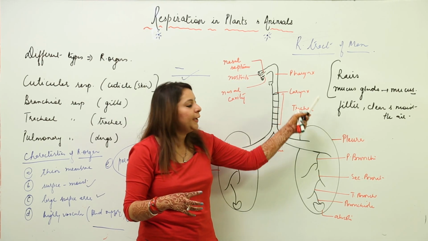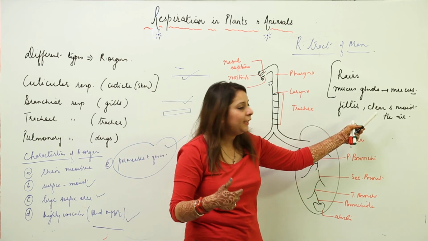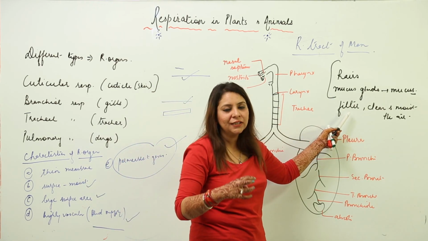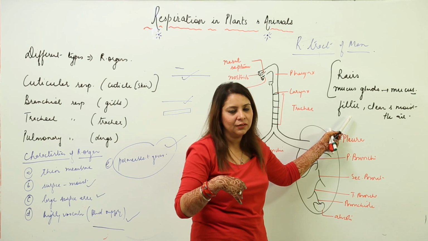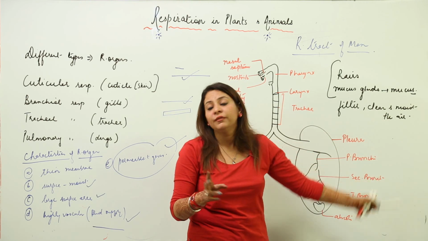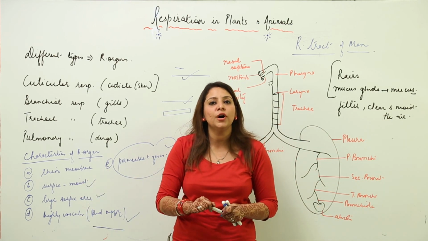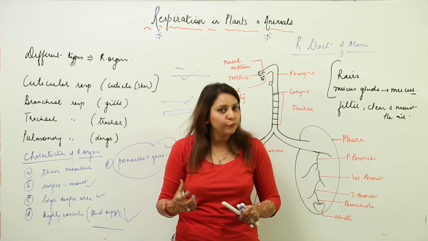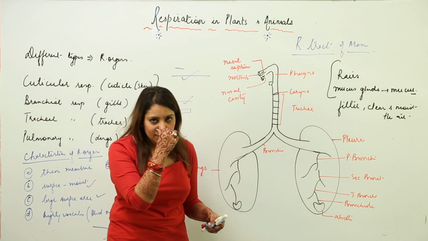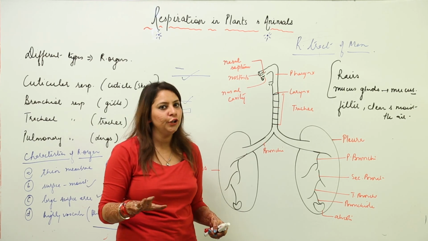So both of them are cleaning the air we are inhaling, filtering it so that nothing gets inside along with the air when you inhale, and making the air moist, which is very important for diffusion, because if the air is moist, it is going to diffuse faster. Right. So this is the nostril, nasal septum, nasal cavity, and hair and mucus gland.